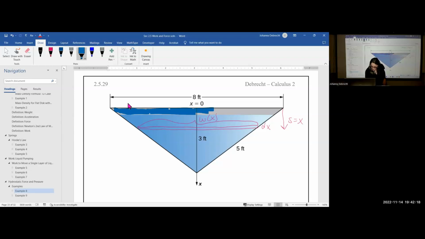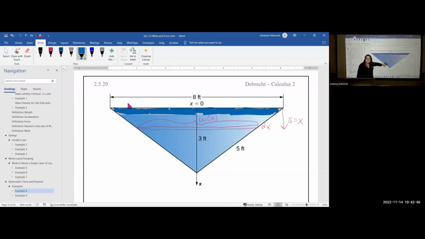Bad picture. What can you do? All right, so we've got water up to the top of the tank. And so I set the origin right there at the top surface, and x extends down. That's the positive direction. So s is equal to x here in this case. Now, my particular surface here, my little flat plate.